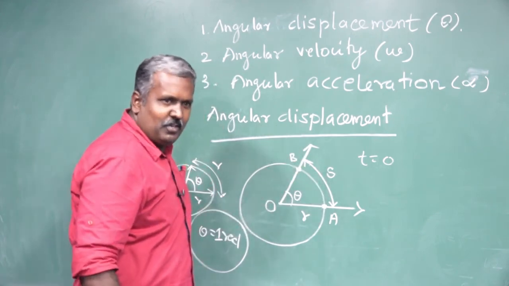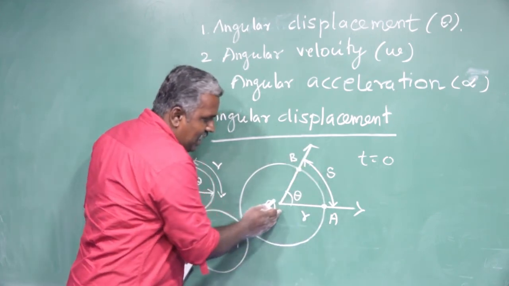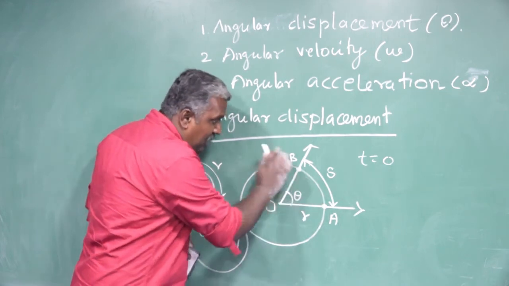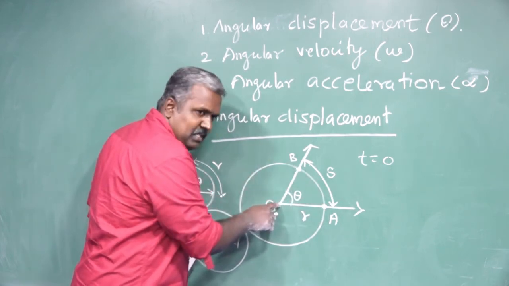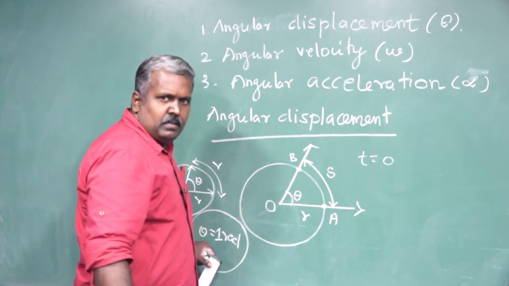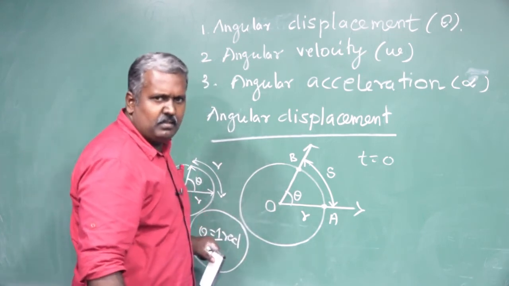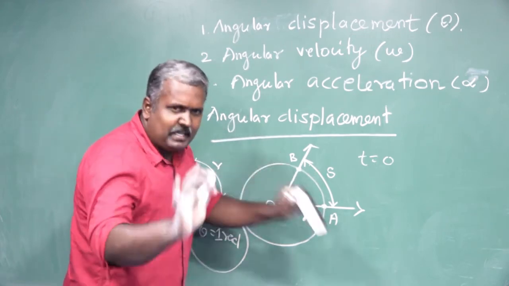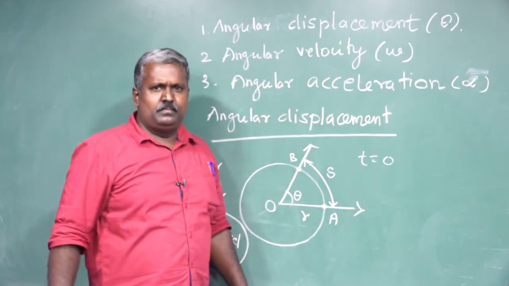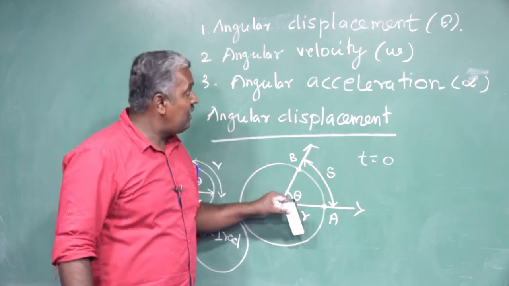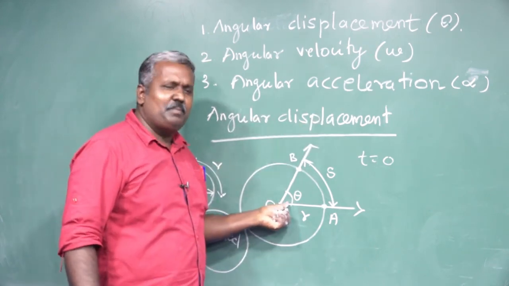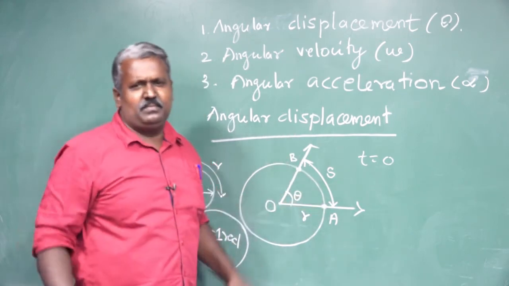So the angle described by the particle at the center of the circle, at point O, in a given time, that is called angular displacement. That means the angle described by the particle in a given time.